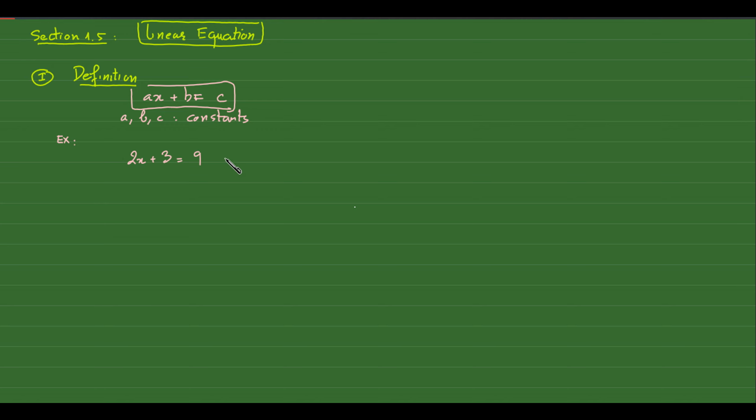This is a typical example of a linear equation: a equals 2, b equals 3, and c equals 9. Or it could be negative or positive, like 2x minus 3 equals negative 7, for example, or positive 7.